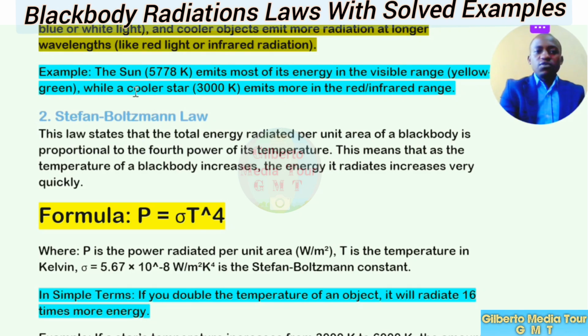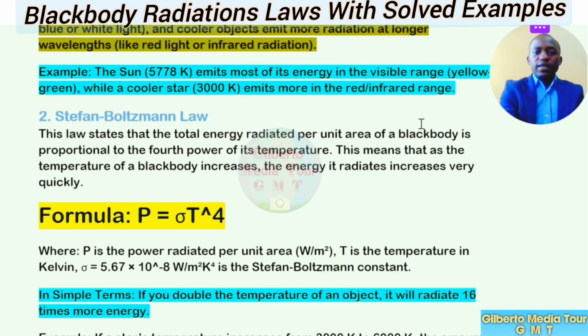This is what we call the Stefan Boltzmann law. This is the formula we use: the power of a body is equal to the Stefan Boltzmann constant times the fourth power of its temperature.